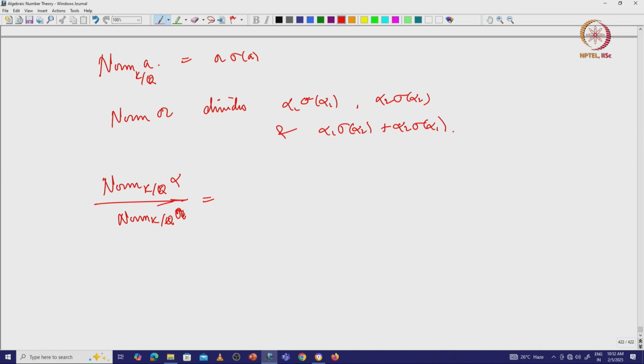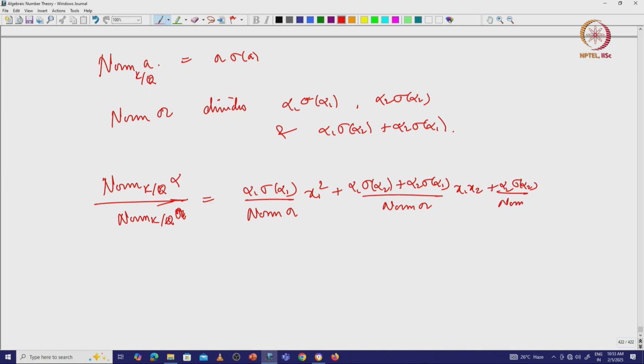So, this will be alpha 1 sigma alpha 1 by the norm of A x1 squared, I will forget about the subscript, plus alpha 1 sigma alpha 2 plus alpha 2 sigma alpha 1 by the norm of A x1 x2, plus alpha 2 sigma alpha 2 by the norm of A x2 squared.